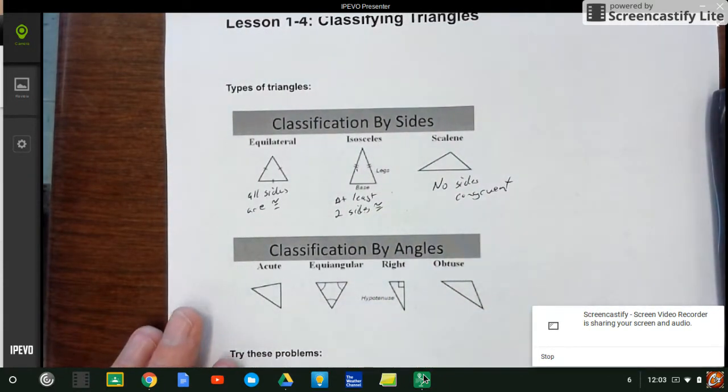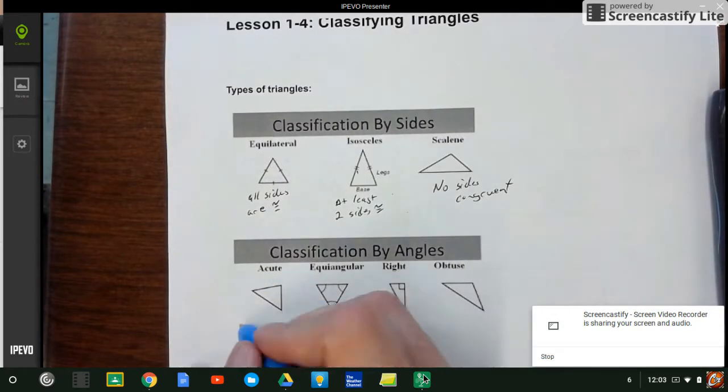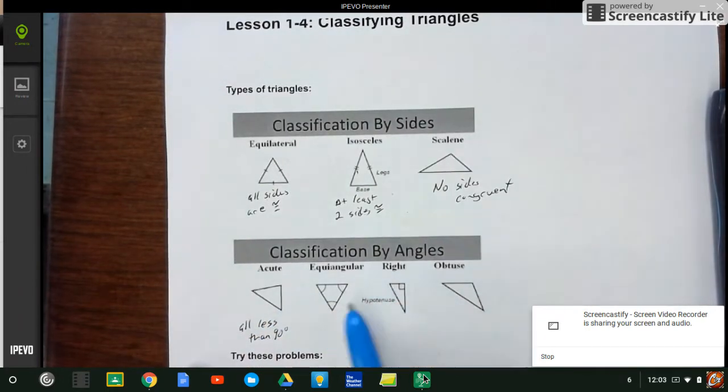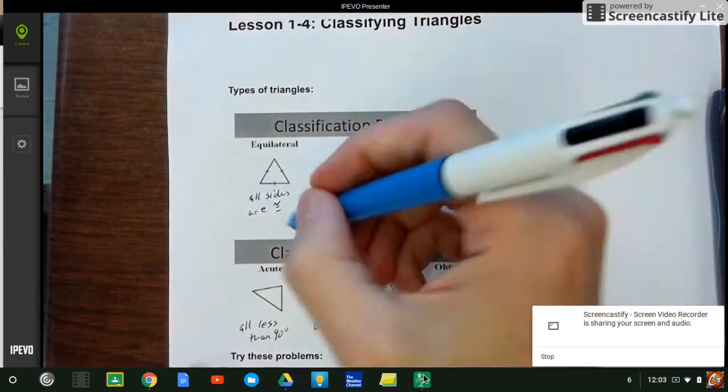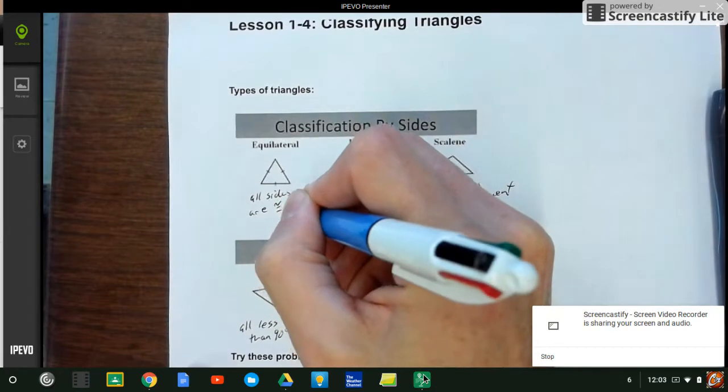Classification by angles. When we look at classifying by angles, we've got acute, which means all angles less than 90. We've got equiangular, which means all angles congruent. Which, by the way, these two are the same kind of triangle.